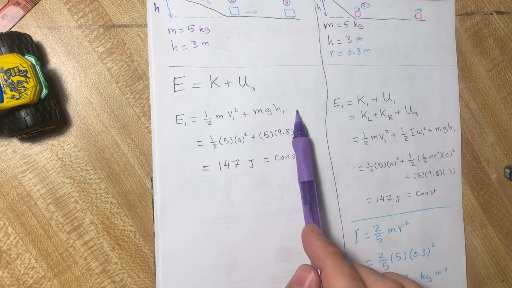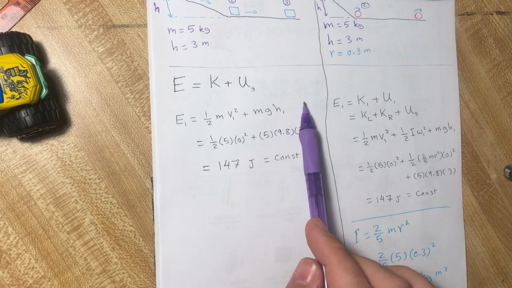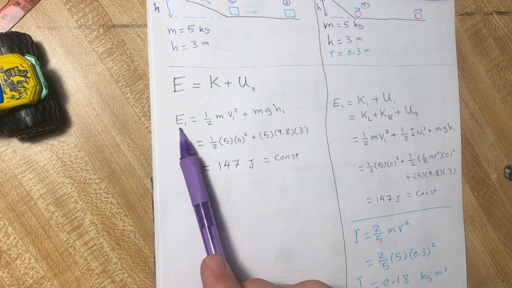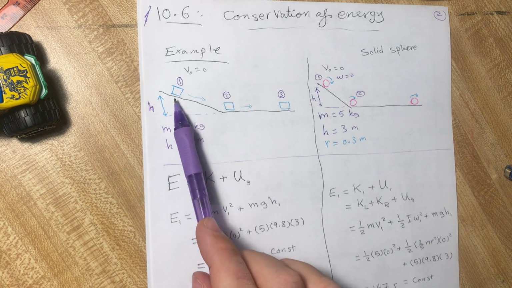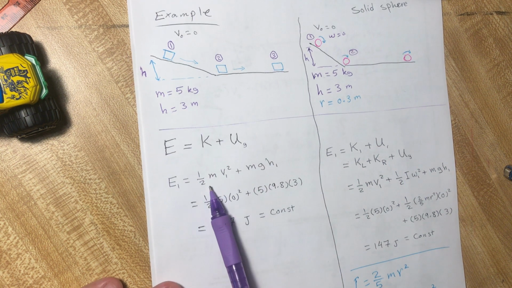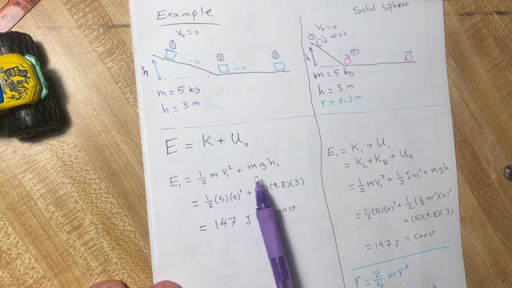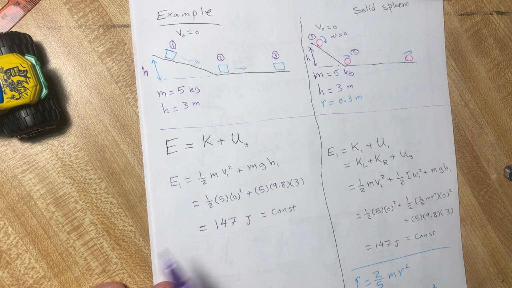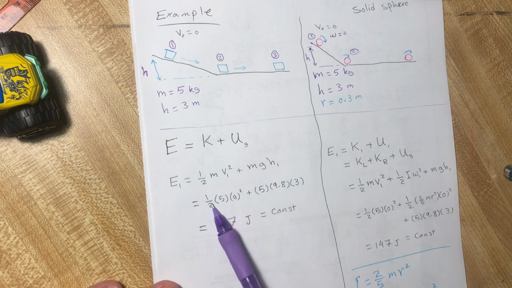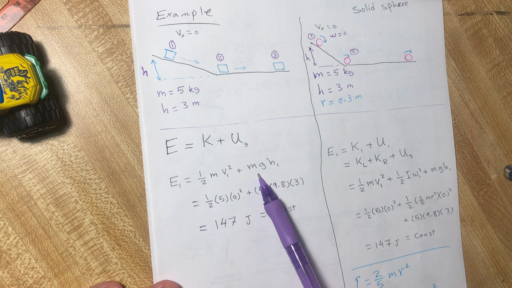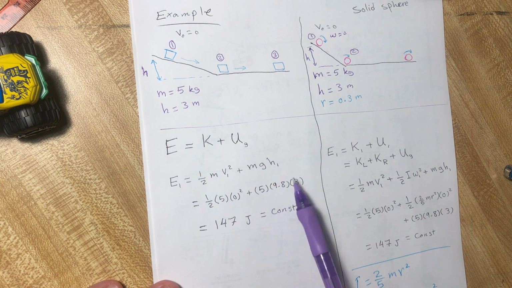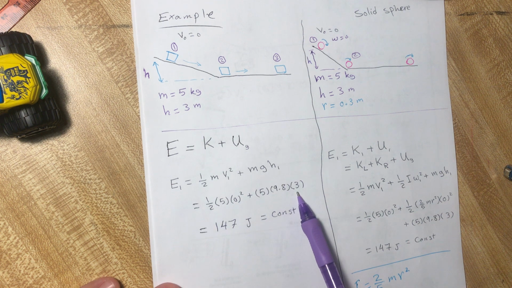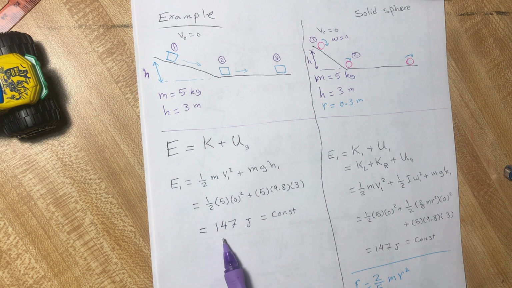If we had a spring, you would just need to add the spring term. The energy at point number 1 is not just potential energy. It is the kinetic energy, half mv squared, plus mgh. The velocity is 0, so we don't have kinetic energy. The potential energy is 5 for m, 9.8 for g, and the altitude h is 3. Then the total mechanical energy is 147 joules, which is constant.